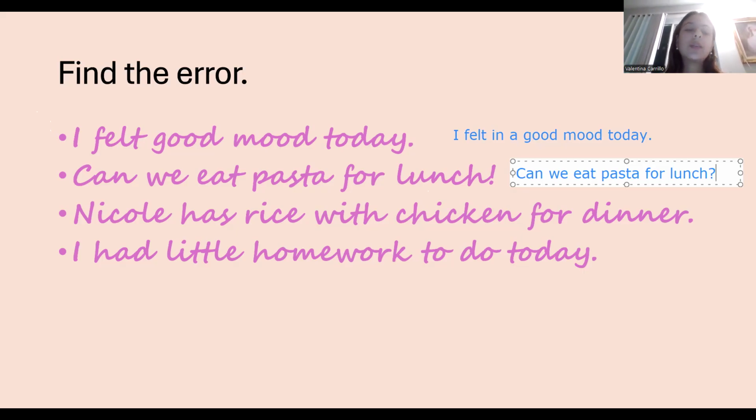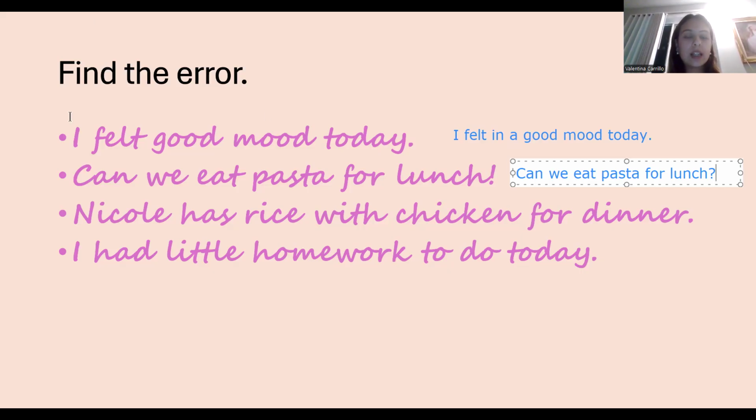Okay. Next sentence. It says, "Nicole has rice with chicken for dinner." Here the error is in one word, and the word is "has." We're not using "has" when we're describing something that happened already. The past form of "has" is "had," H-A-D.